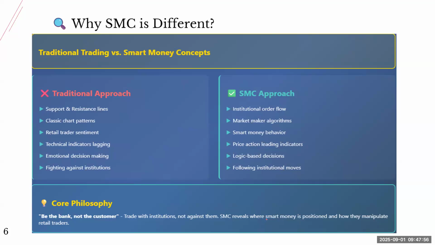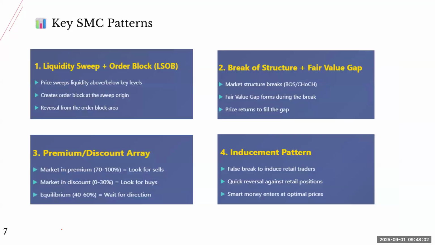SMC reveals where smart money is positioned and how they manipulate retail traders. Okay, there's a key SMC pattern: liquidity sweep at the order block. Price sweeps liquidity above or below a key level, so it could be above resistance or below. Price goes down, takes the stop losses, and then rises or falls, creating an order block at the sweep origin.